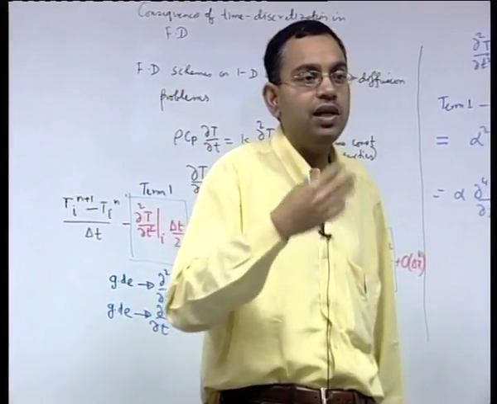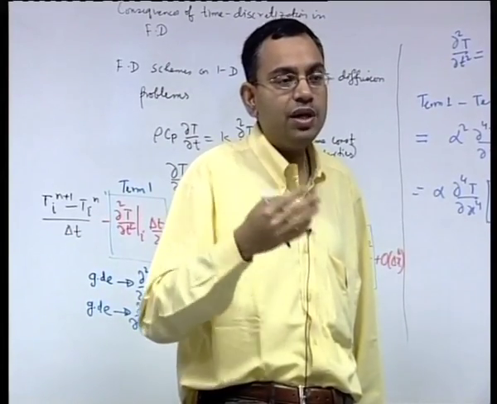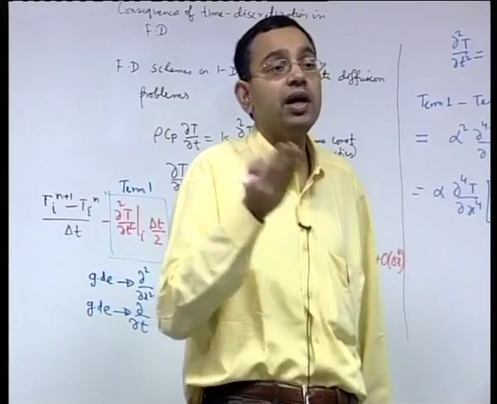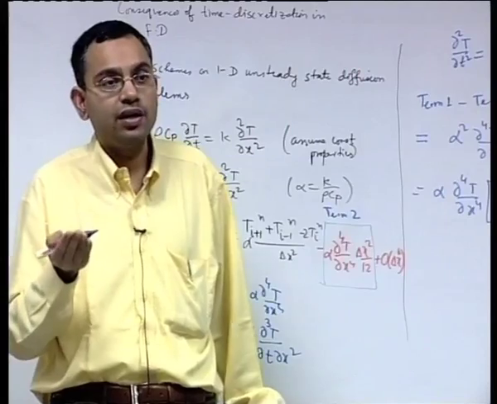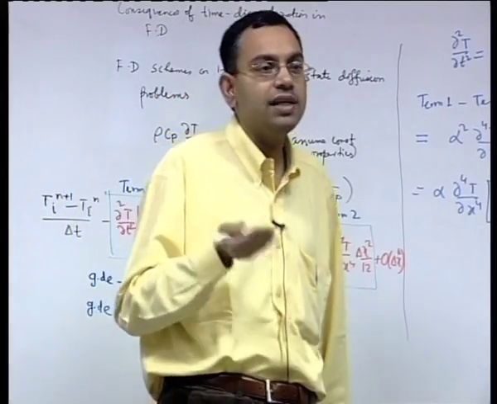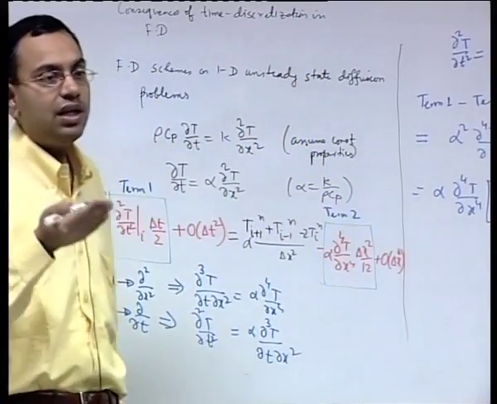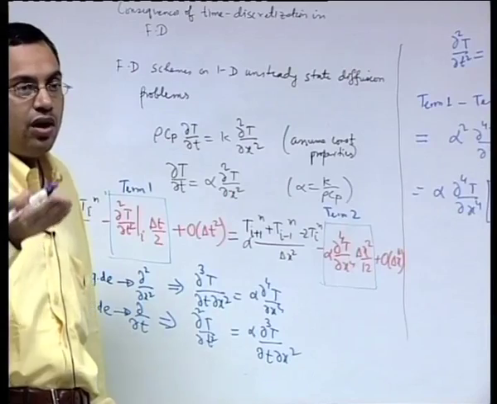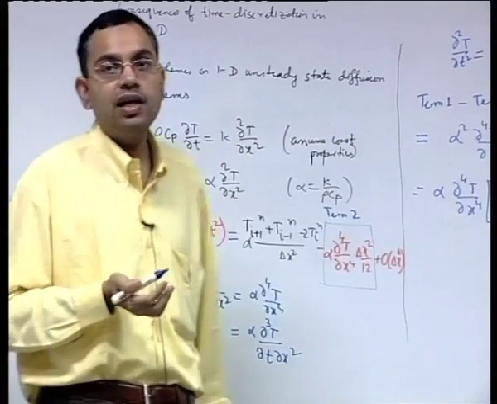Remember, these are all time marching schemes. As you march ahead with time, you may see that those errors are propagating and getting amplified. So, we have to find a mechanism that will tell us mathematically whether the error will get amplified or die down, and that we will take up in our next lecture.